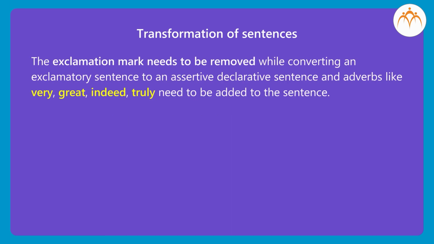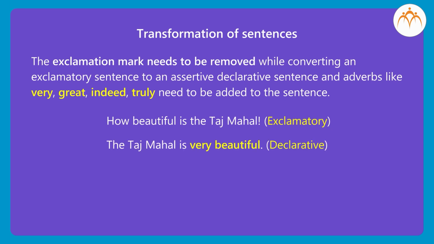The exclamation mark needs to be removed while converting an exclamatory sentence to an assertive declarative sentence. And adverbs like very, great, indeed and truly need to be added to the sentence. Let's see an example. How beautiful is the Taj Mahal? This is exclamatory. Now, to make it declarative, we can say the Taj Mahal is very beautiful.